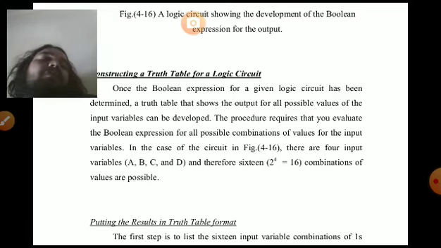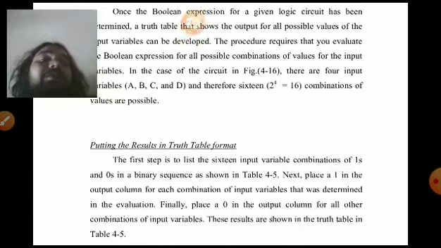The procedure requires that you evaluate the Boolean expression for all possible combinations of values for the input variables. In this circuit, there are four input variables, that is A, B, C and D, and therefore 2 power 4, which is 16 combinations of the variables, are possible.